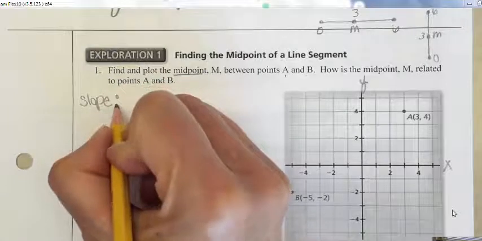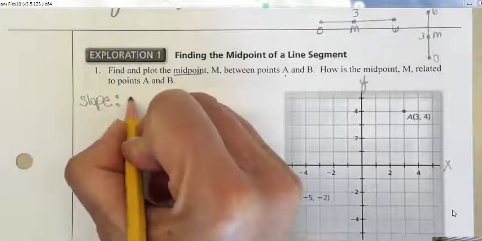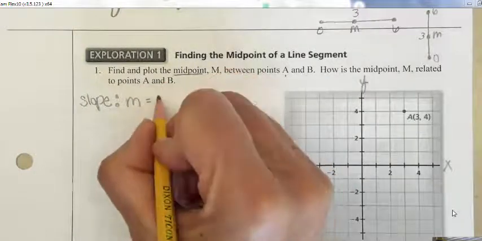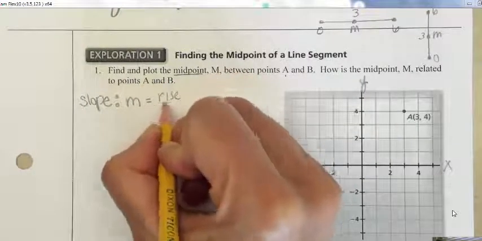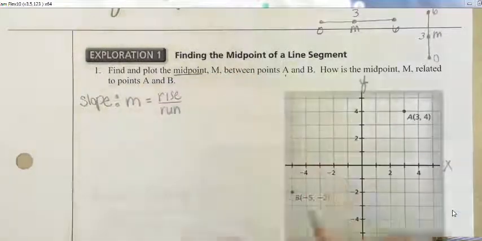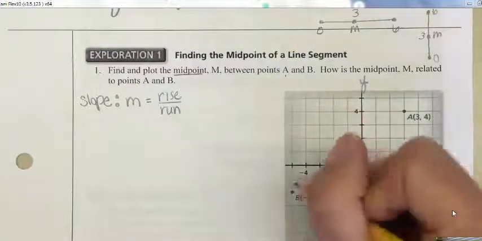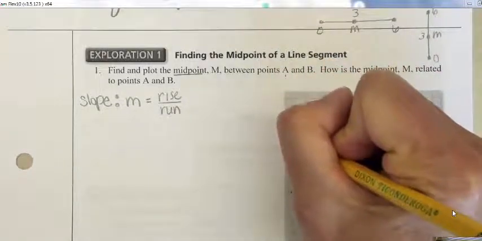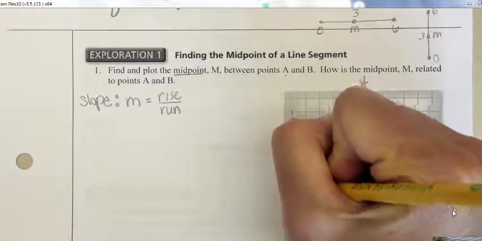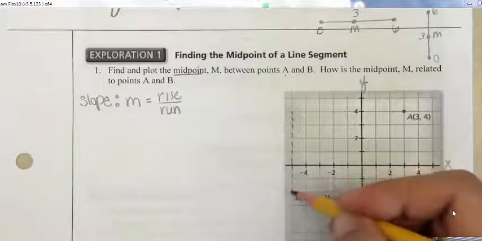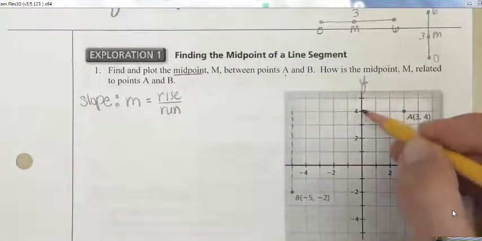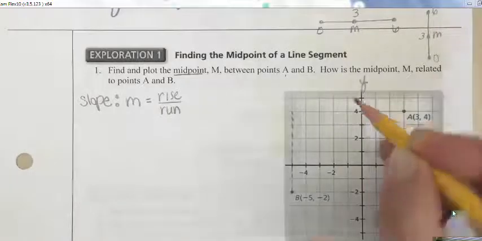So to represent slope, we usually use a lowercase m. And we know that slope is always rise over run. But what does that really mean? Okay, so to go from B up to A, I would need to rise a certain amount. I would need to change from one y value, -2, to the next y value, which is +4.